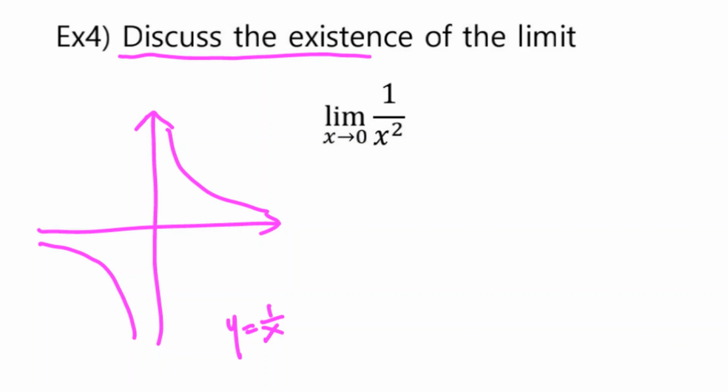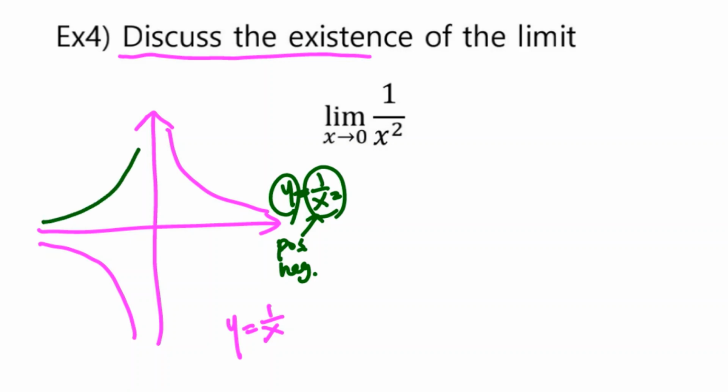Now, the graph of y equals 1 over x squared: whatever the x is, x can be positive, x can be negative. The y value is always positive because it's x squared, right? So our function should look like this. So y is positive, as you see.